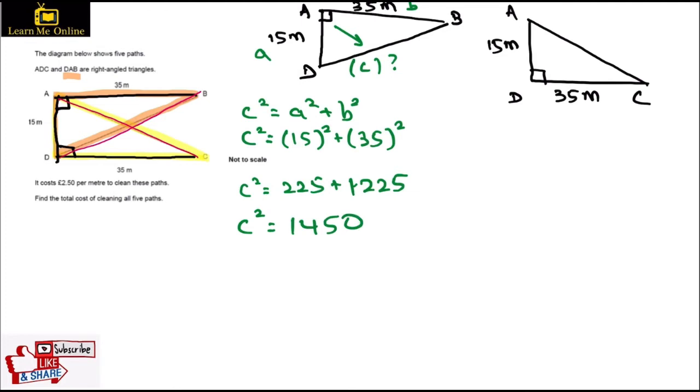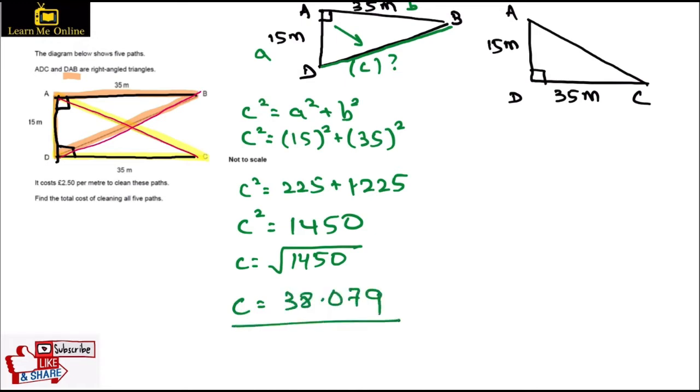Remember that we are finding the length of C, which is this length DB, and what we have here is C squared. So to find C, you do the square root of 1450 and you will get 38.079. So we got the length of DB.